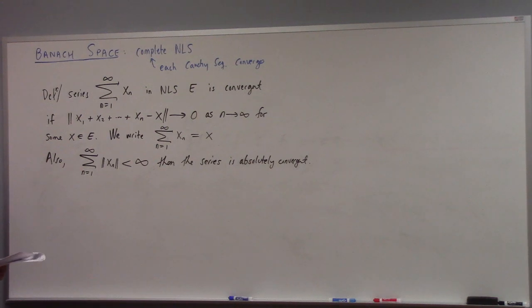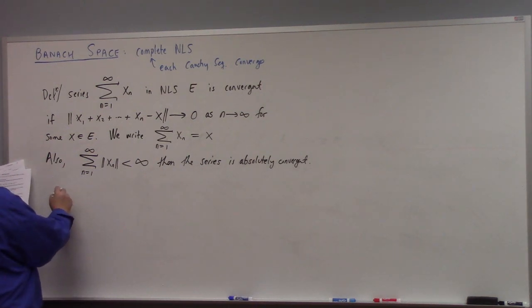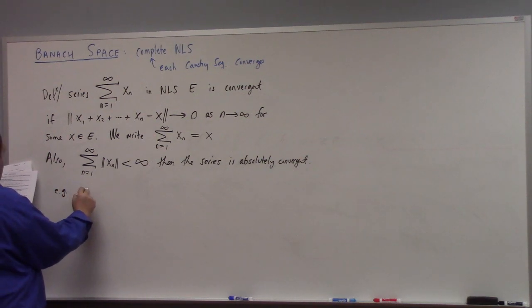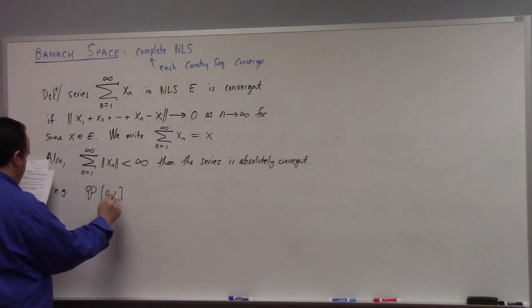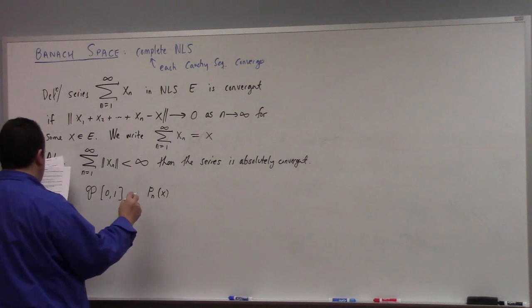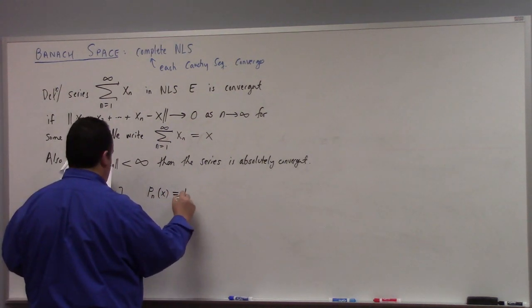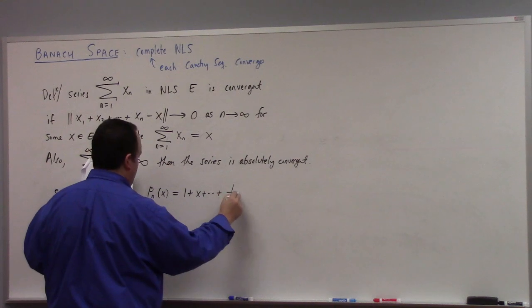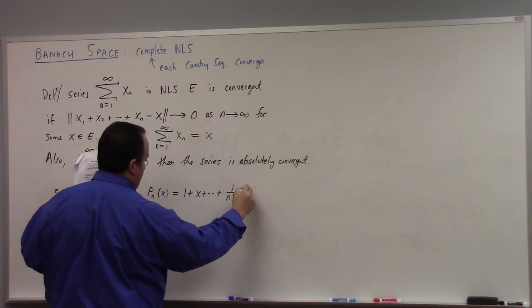Where is that? The polynomials? Let's see here. Well, that looks like the exponential series. Oh, yeah, I got it. In this polynomials on 0 to 1, we considered Pn of x equal to 1 plus x plus and so on plus 1 over n factorial x to the n.